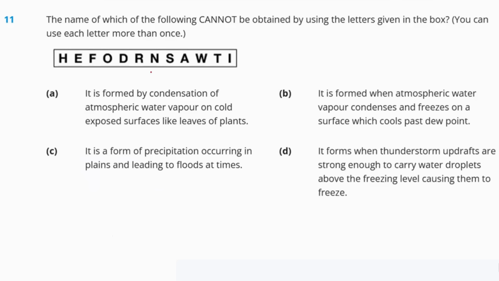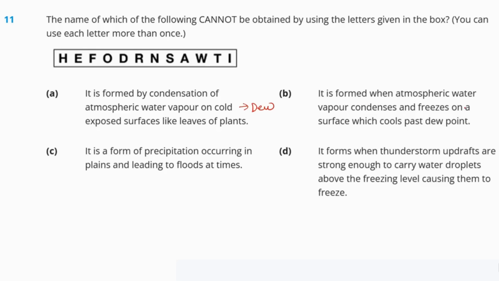Question number 11. The name of which of the following cannot be obtained by using the letters given in the box. You can use each letter more than once. Okay, so we will write first what these mean. It is formed by condensation of atmospheric water vapor on cold exposed surfaces like leaves of plants. So it would be dew. B option says it is formed when atmospheric water vapor condenses and freezes on a surface which cools past dew point.